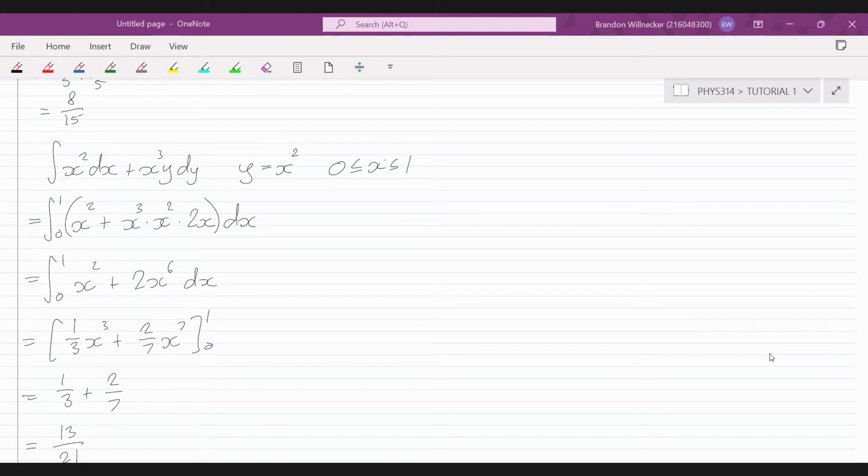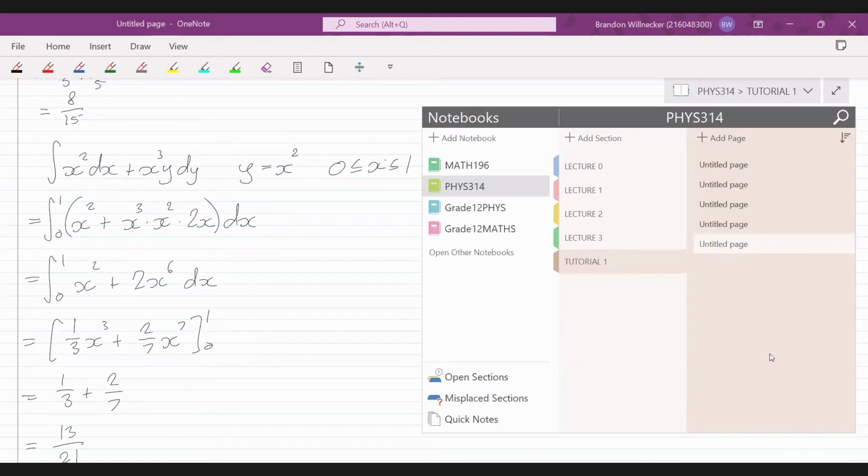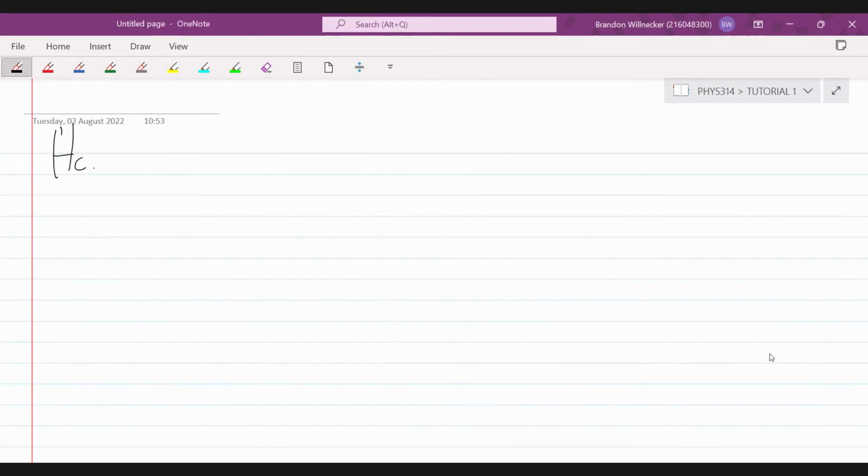Okay, let's have a look at the next bits, homework 2. Okay, so this was finding the work done for several types of processes.